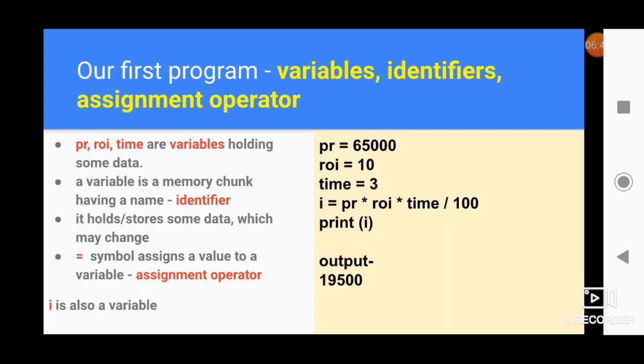Okay, so the job of the equal to symbol or the assignment operator is to assign some value to a variable. Okay, so the value 65,000 is being assigned to the variable PR, value 10 is being assigned to the variable ROI, and the value 3 is being assigned to the variable time.